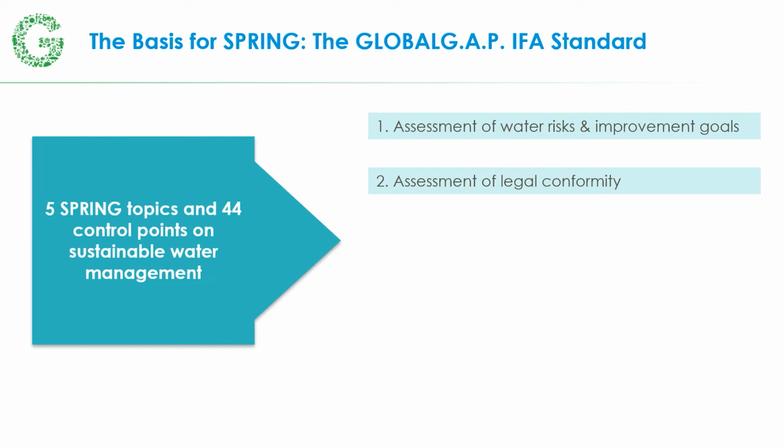And the third part of this is checking in the real situation on the farm that all the documentation is aligned with the real situation. It's very important. Spring is not based on documents. Spring is based on the real situation at the farm level.